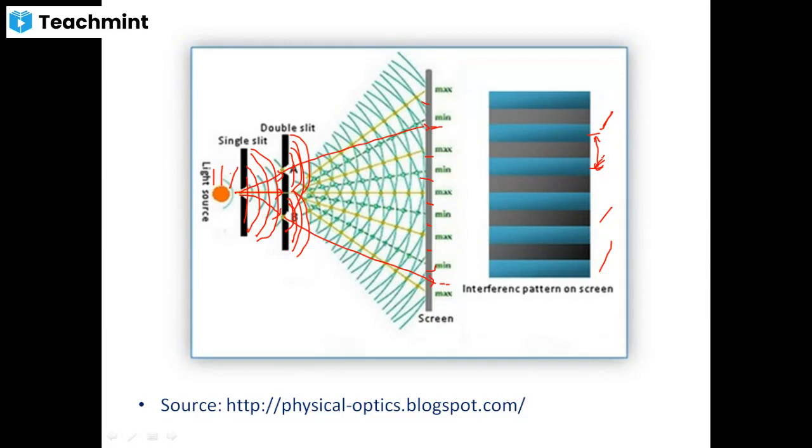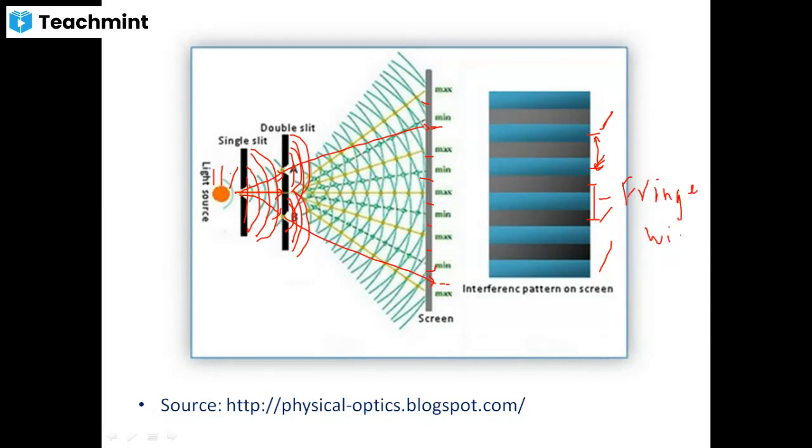So fringe width is the distance between any two consecutive bright bands, or if you take, for example, this dark band, take the middle of this dark band, and take the distance between these two. This we call fringe width. So what is fringe width?